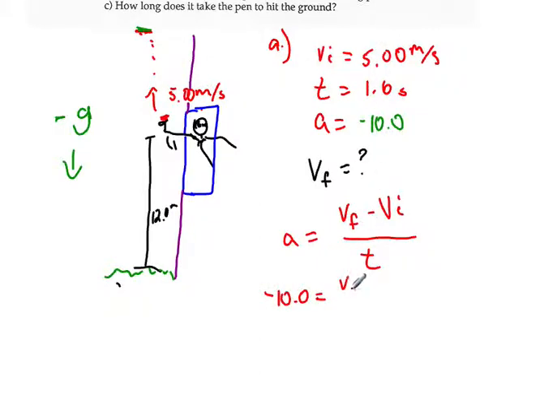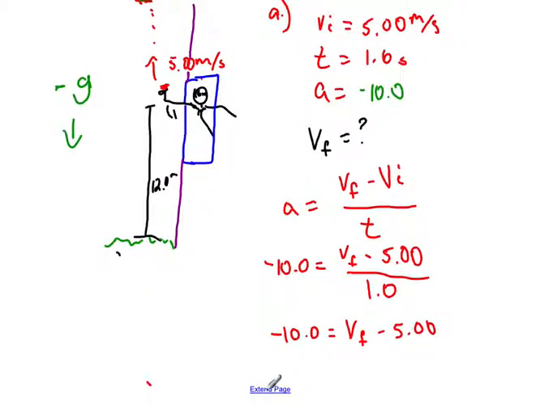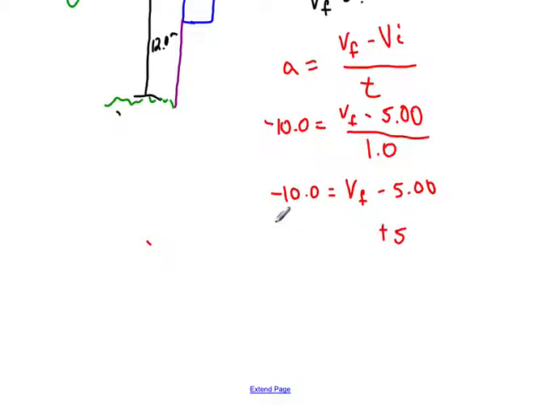VF, we don't know, minus VI, 5, over time, which is 1 second. 1 times negative 10 is negative 10, so we have negative 10 equals VF minus 5. I'm going to add 5 to both sides.